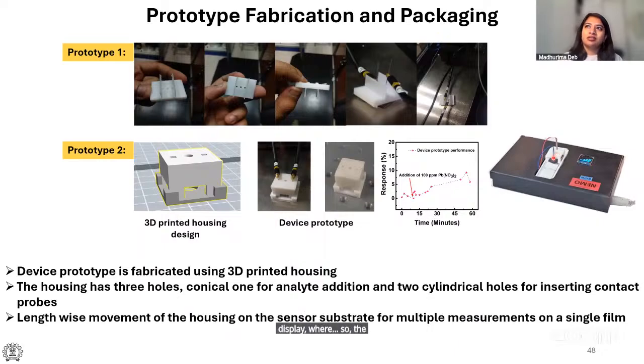The good thing about this design was that this housing could move on this substrate, so we could do multiple measurements on a single film. So it's not like just after one measurement I had to change the whole film.